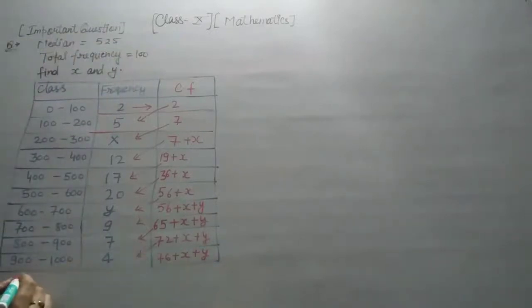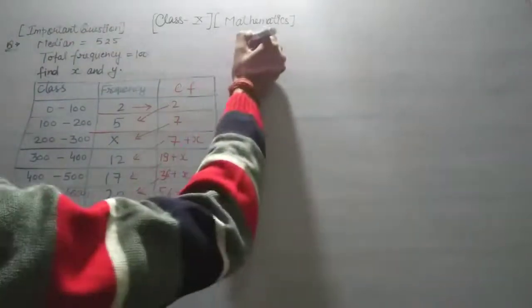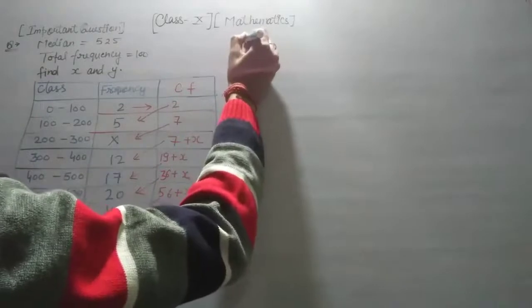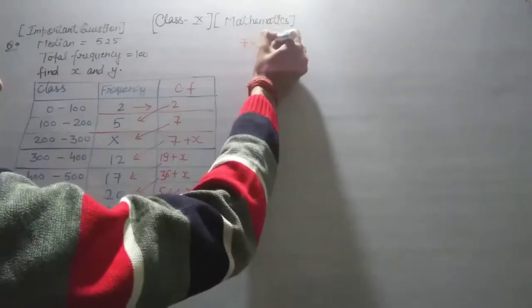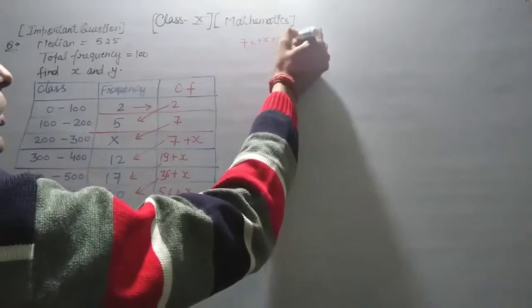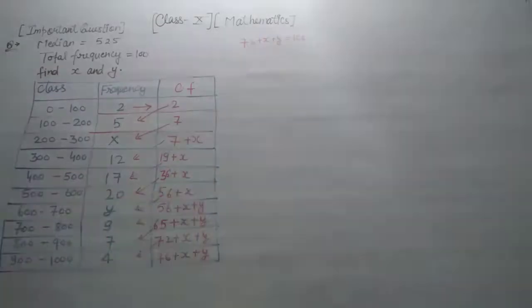So you get one equation: 76 plus x plus y is equal to 100. Then you have to find the values of x and y.